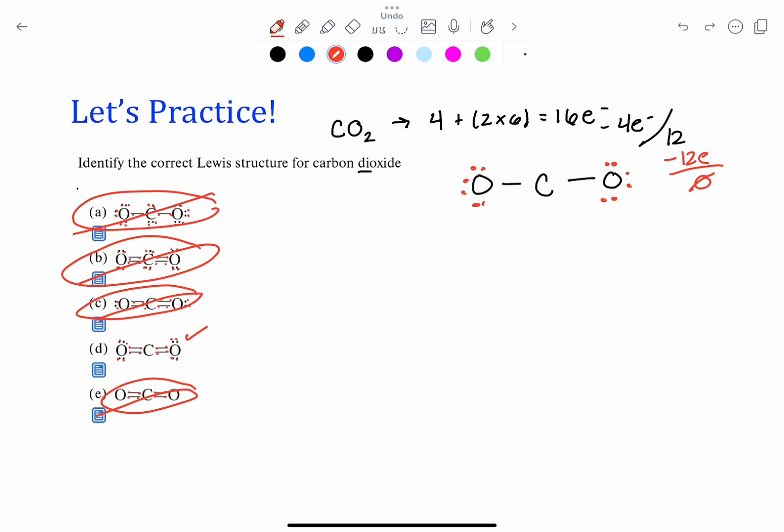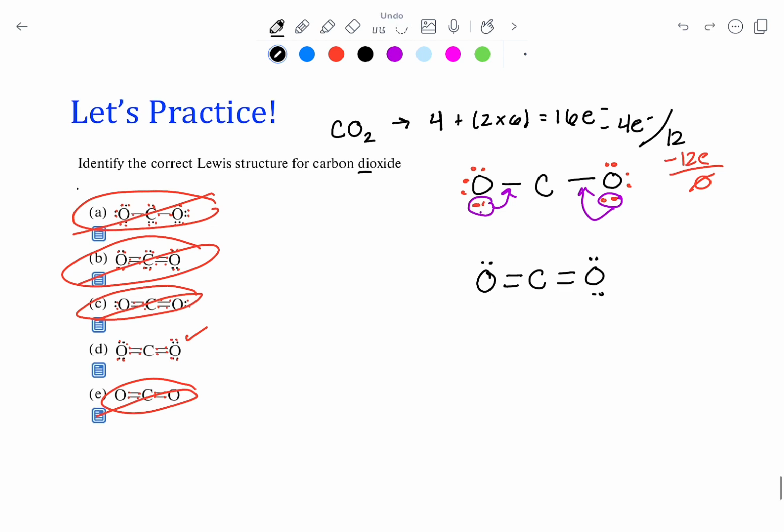So each oxygen is going to be nice and donate a pair of electrons. Since the carbon needs 4 more electrons, those 4 electrons are coming from the 2 lone pairs. So we get O double bond C double bond O, with 2 lone pairs on either oxygen, which corresponds to structure D.